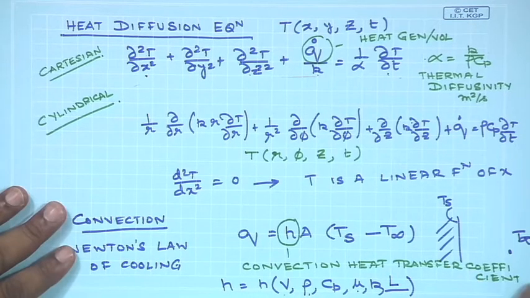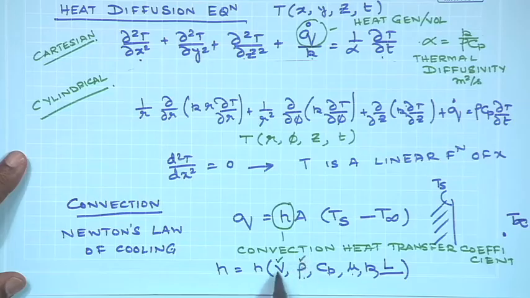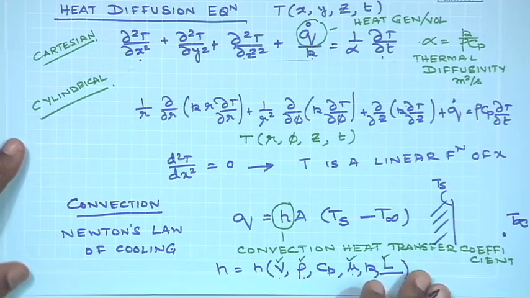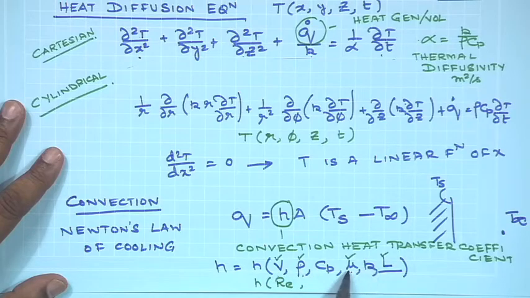I do not talk about anything else right now, like the nature of the surface, the roughness and so on. So, when you think of these four terms, V, rho, mu and L, you can clearly see that they can be combined in the form of the Reynolds number, where the Reynolds number is simply rho V L by mu. So, h is going to be a function of the Reynolds number of the system.